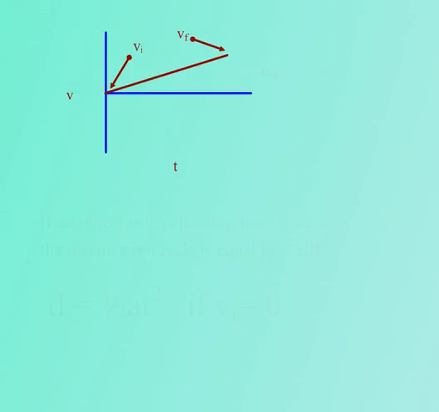Now, really, since vi is 0, the vertical part of this graph is actually vf minus vi, which is also equal to at. Remember that vf minus vi over t is a.